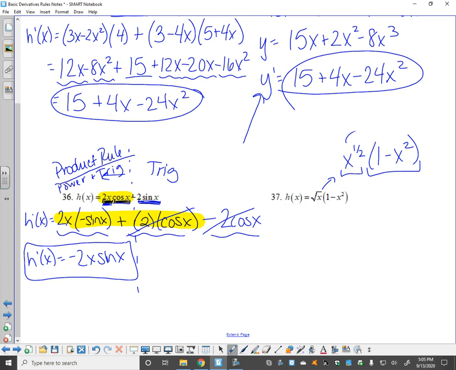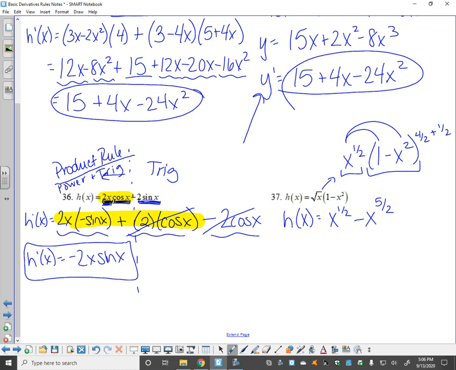Or I could distribute, fluff it out a little bit, and not do a product rule. So x to the 1/2 times 1 is x to the 1/2. X to the 1/2 times the negative x squared. Remember, when you multiply, you add your powers. So 2 plus 1/2, 2 would be 4 halves plus a 1/2, that would be 5 halves.